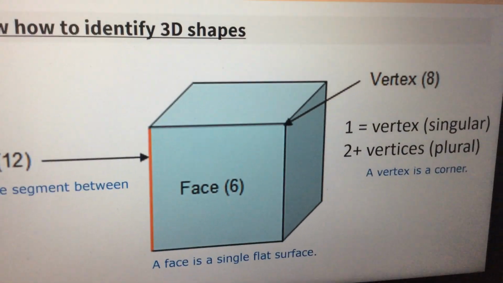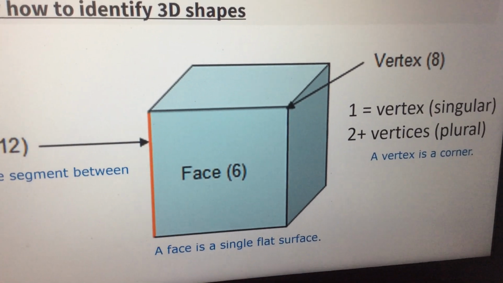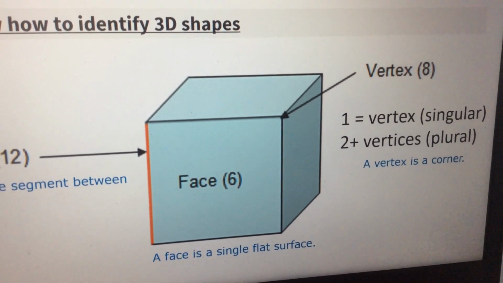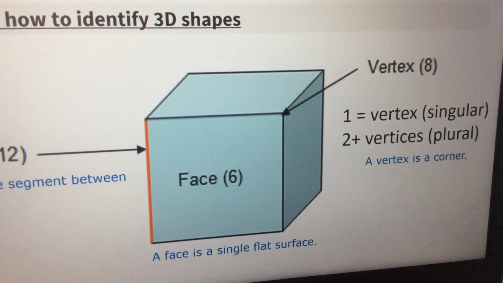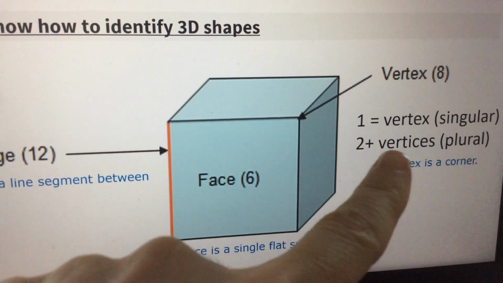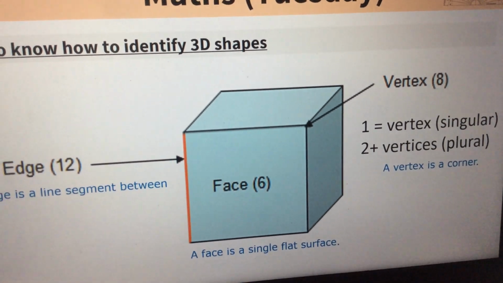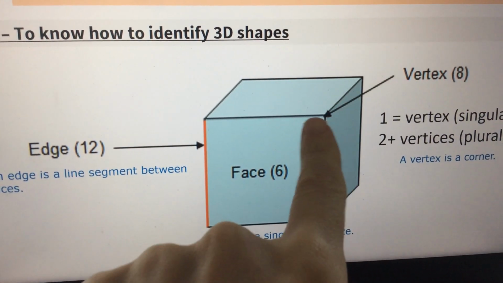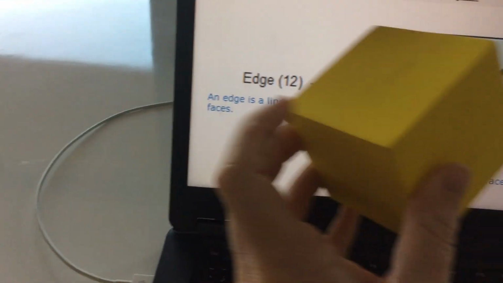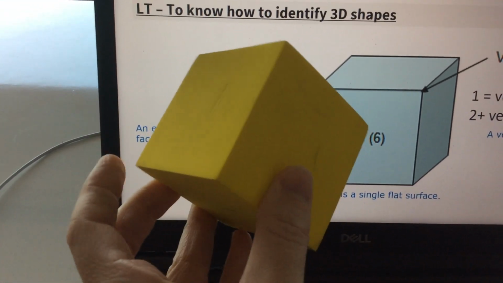Now this is a good bit of vocabulary: the vertex or the vertices. If you've just got one, it's a vertex, that's the singular, and two or more, the plural, is vertices. That's pointing to one vertex. A cube has 8 vertices.